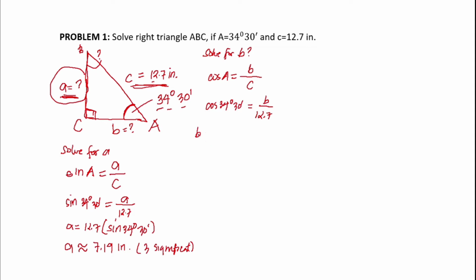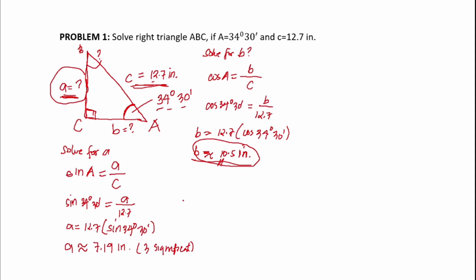So therefore our B is equal to 12.7 cosine of 34 degrees and 30 minutes. If we solve that, our B is approximately 10.5 inches. So still, we have the answer in three significant figures for A and B.